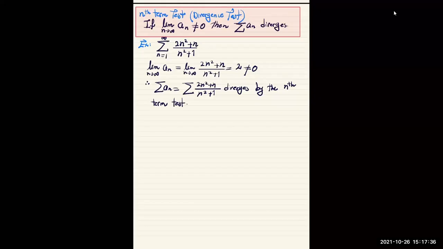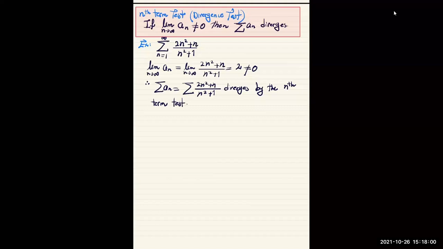Yeah. So again, we have this series. We'll look at what happens to the terms of the series eventually by taking the limit of the nth term. Okay, and the limit is 2, which doesn't go to 0.